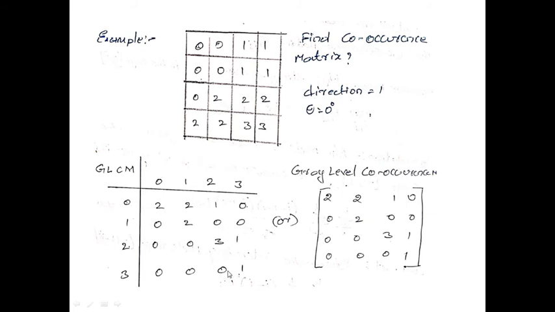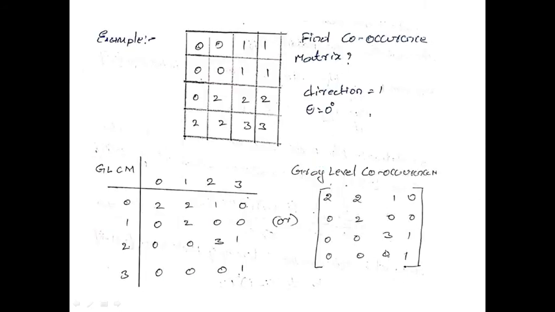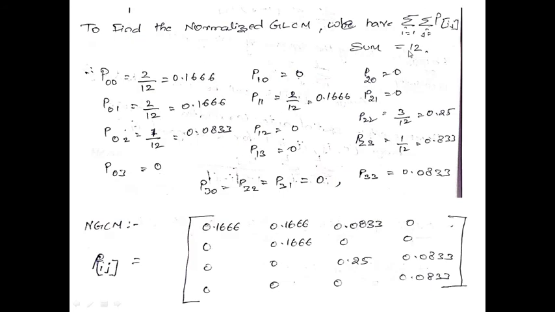So a 4 by 4 GLCM matrix I can find out, and the GLCM matrix finally is obtained in this manner. Then I can find the normalized GLCM for further analysis. If I sum all the elements in the GLCM, I get the sum as 12.